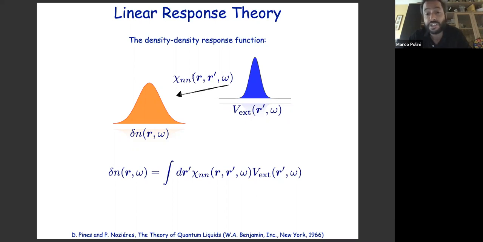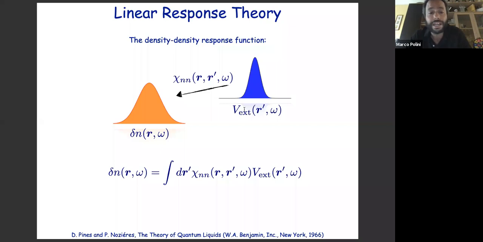I'm using a real space representation that will be used later for twisted bilayer graphene, which is not Galilean invariant. So the first part of the talk is essentially on plasmons in Galilean invariant electron liquids, like graphene, which was essentially Galilean as a continuum model, valid for a broad energy range, and then we'll move on to study the density response function at finite frequency for twisted bilayer graphene.